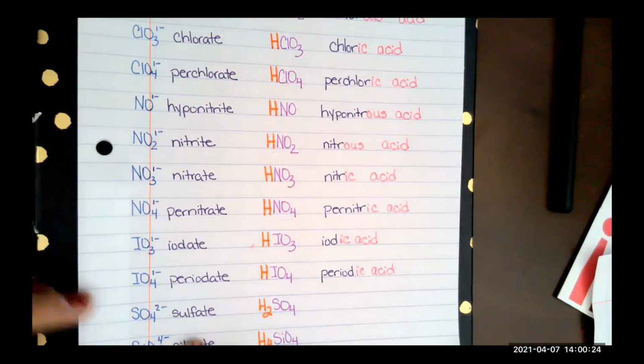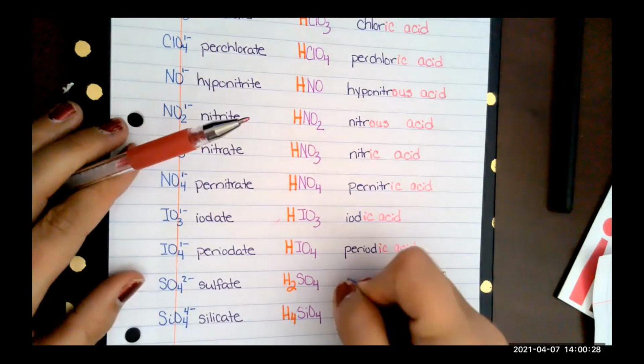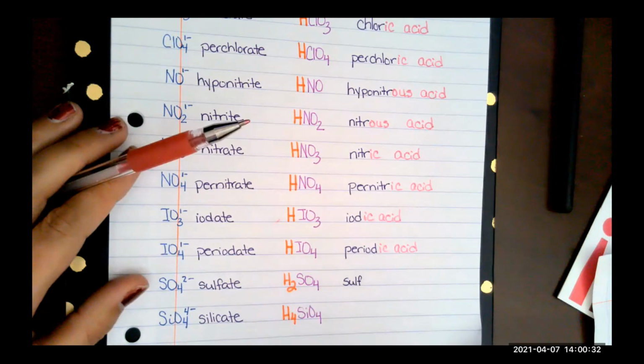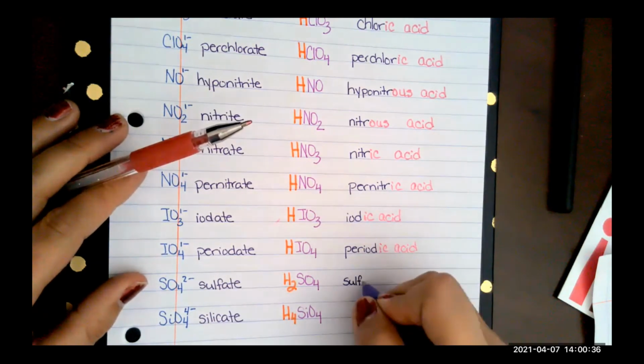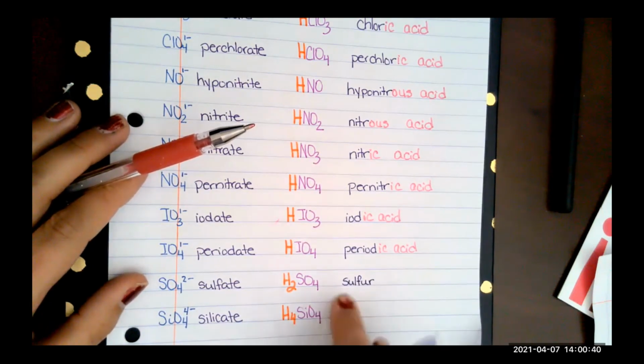Now, for sulfate, you write everything up to that ate, so you write SULF. And you have to remember for sulfur, it doesn't want sulf, it wants sulfur. So you have to fix your root for sulfate.